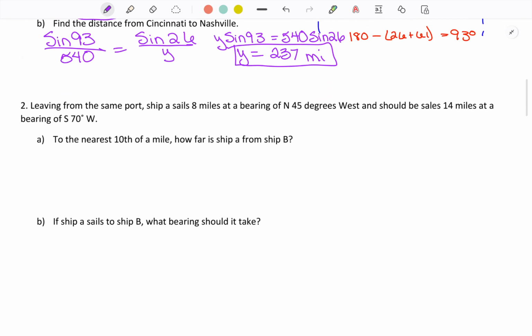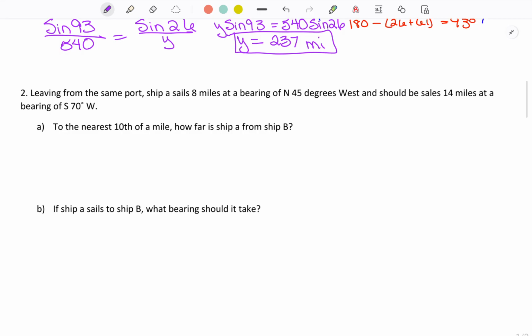So let's look at number 2. For number 2, we have two ships that are leaving the same port. Ship A is going to sail north 45 degrees west. So if we have our port here, then ship A is going north and west, and it's going out 8 miles.